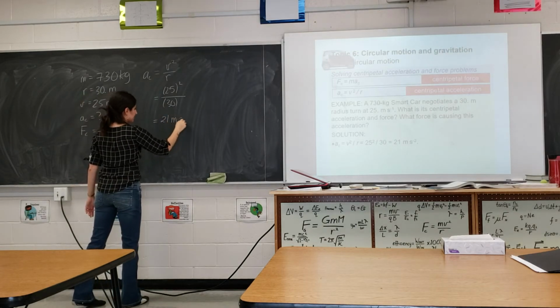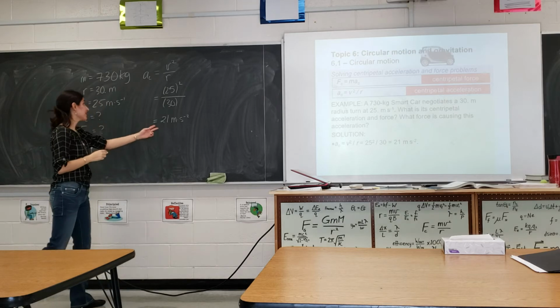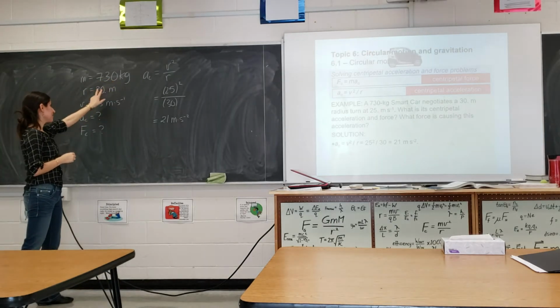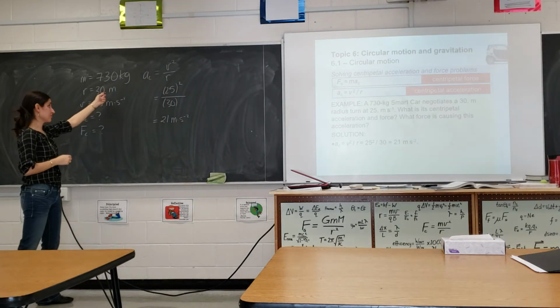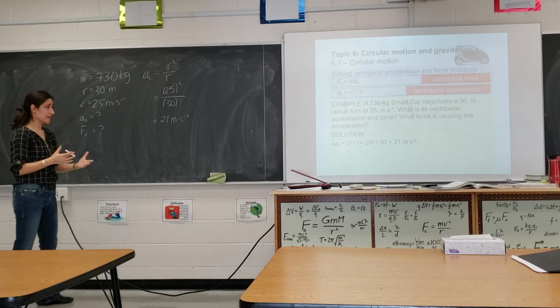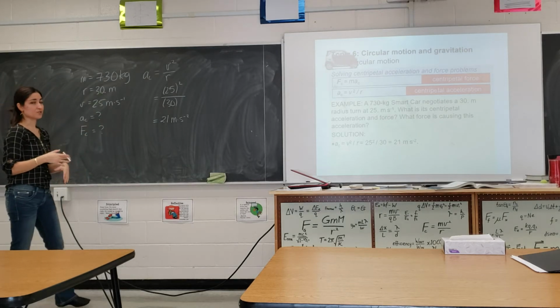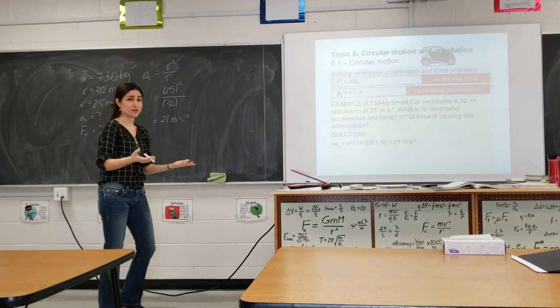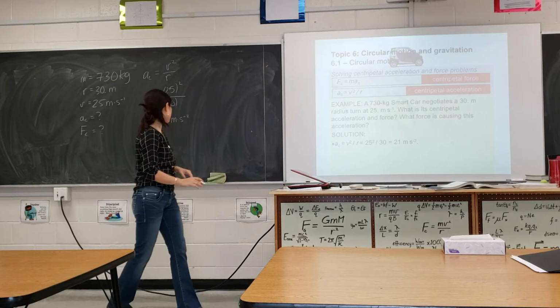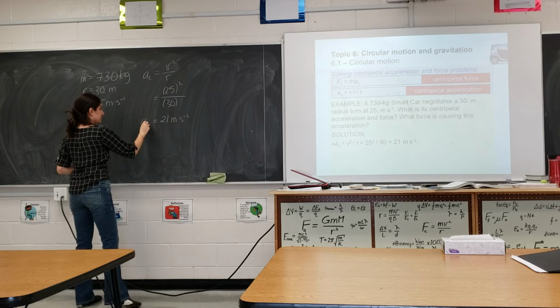Now notice the answer is 2 sig figs. Originally we have 2 sig figs in our mass, that 0 doesn't count. 2 sig figs in our radius, this 0 does count because there's a decimal. 2 sig figs in our velocity. Therefore, our answer is to the least number of sig figs, and they're all 2 sig figs, so we're good. That's centripetal acceleration.